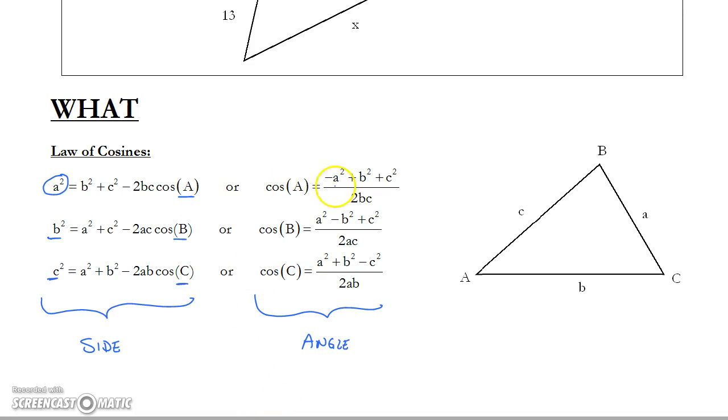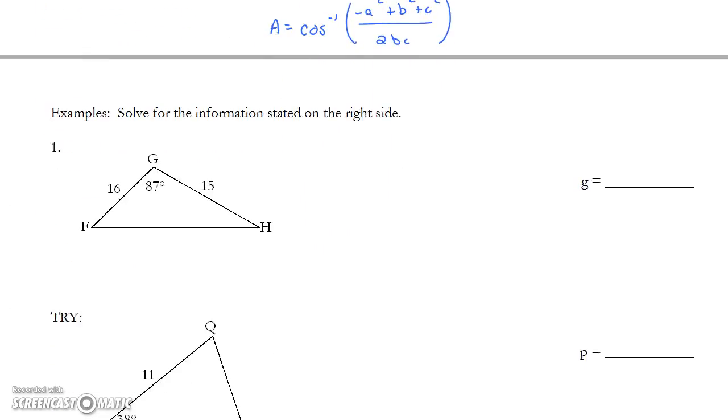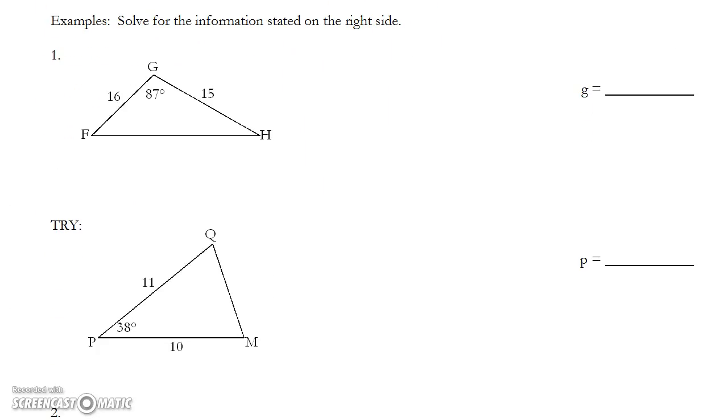For example, if I know a, b, and c, I can solve for A by saying that A is the inverse cosine of negative a squared plus b squared plus c squared, over 2 times b and c. But enough of that. Let's look at a few examples on the back page. Go ahead and take your calculator out right now as well.